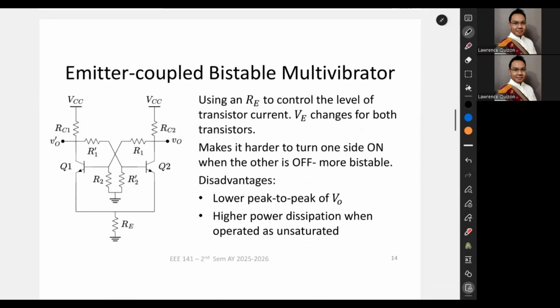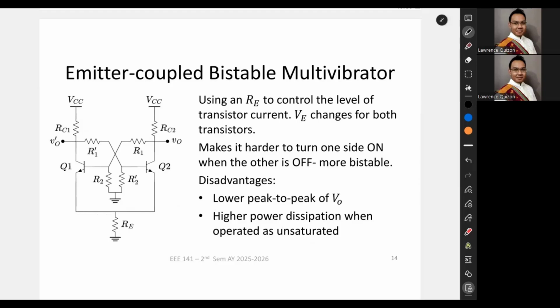Now, for the next part, we also have an emitter coupled bistable multivibrator. We get this by simply removing the grounded emitter connections and instead adding a single RE to couple both of the emitters together. Okay?